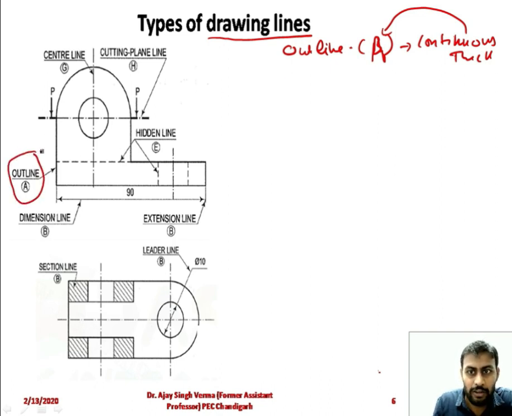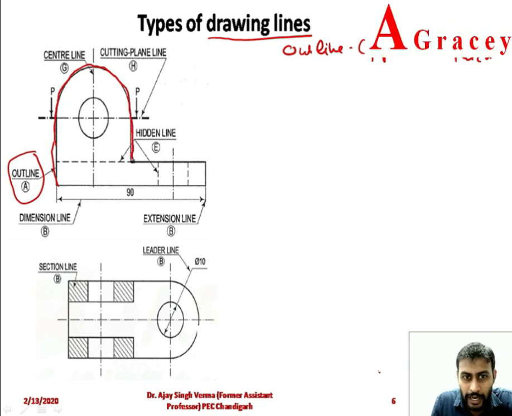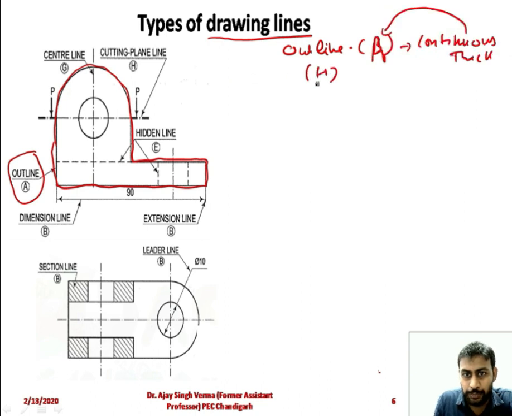It means the visible outlines or the edges. So a visible outline means the outer lines of the object, and these will be represented on your sheet with the help of the H pencil, which means a medium grade pencil.